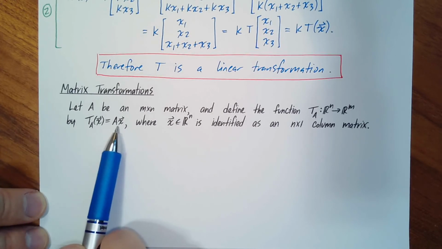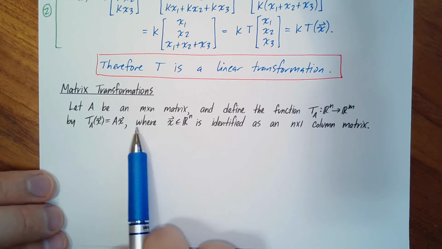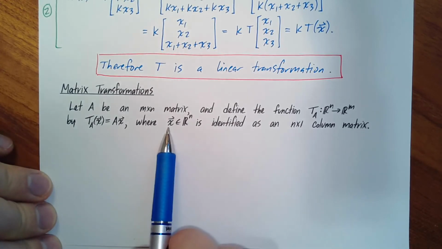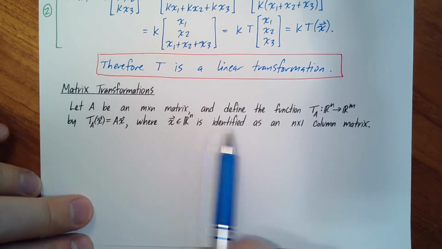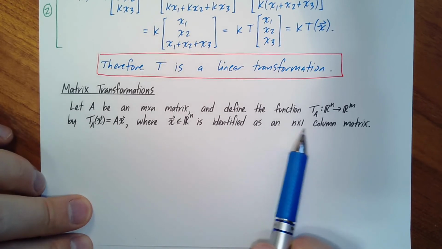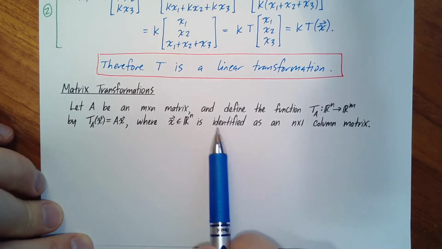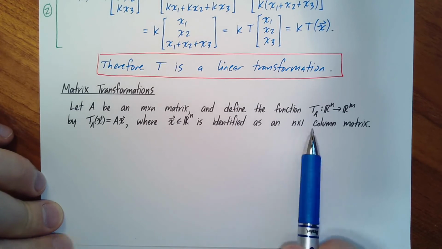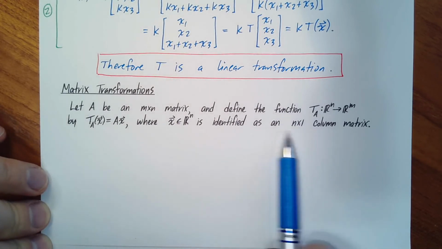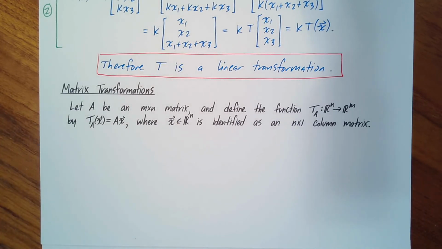Well, you have to really be careful how you represent the vector x for this to make sense. And that's what the rest of the sentence is for. It says where x in Rn, so the n-dimensional vector x, is identified as an n by 1 column matrix. If I were to reword this, I would say is represented as an n by 1 column matrix. Or really just say that the vector x is written in column form.